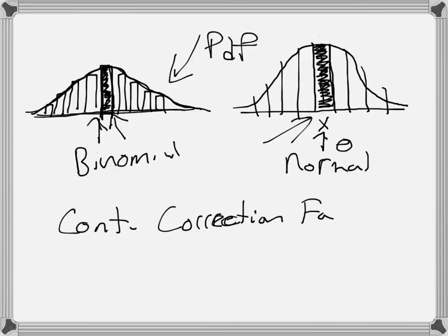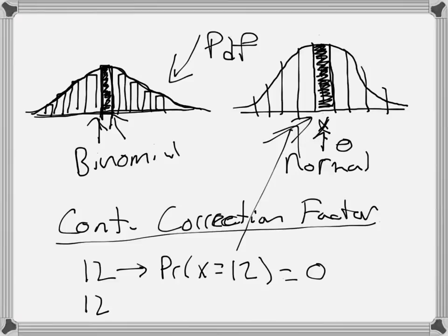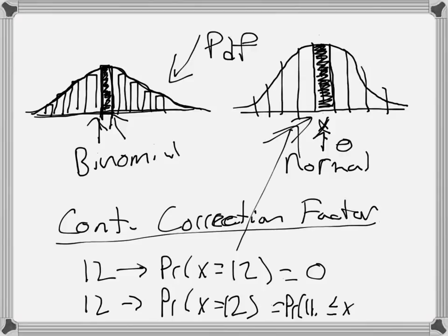Basically, for every whole number, for 12 for example, instead of saying the probability that x is equal to 12 in our normal distribution is 0, we're going to say the probability that we get 12 is actually the probability that I end up in this range, where I subtract 0.5 and add 0.5 to 12.